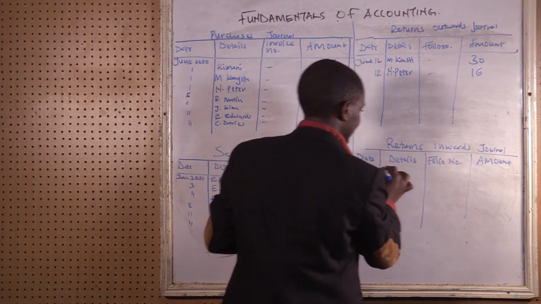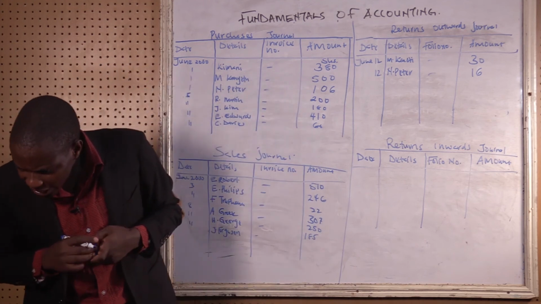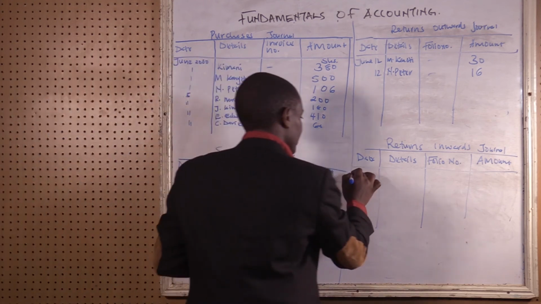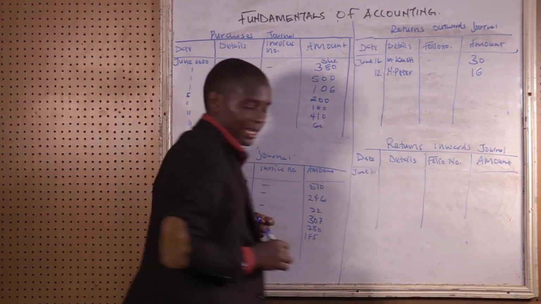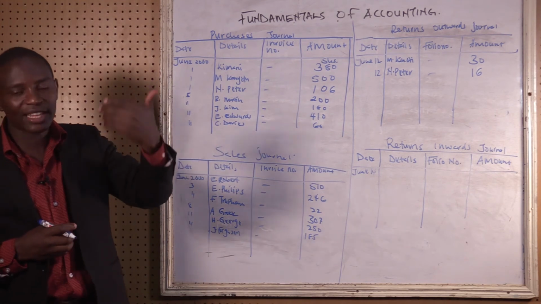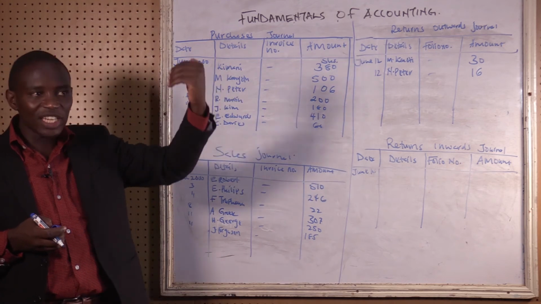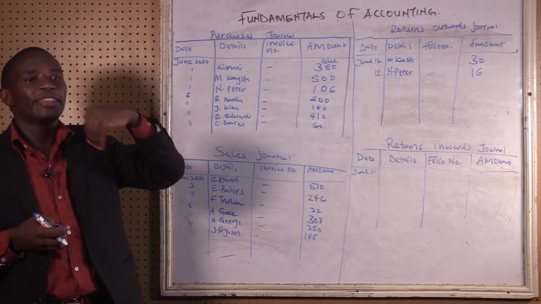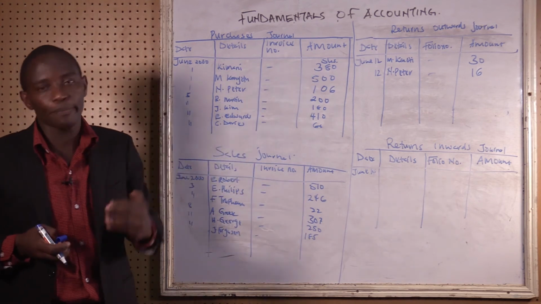Just like that. So that one was on 14th June. He returns some goods. The foreign people return goods to the business, because returns inwards is returns on the items we had already sold. So they are returning into the business.